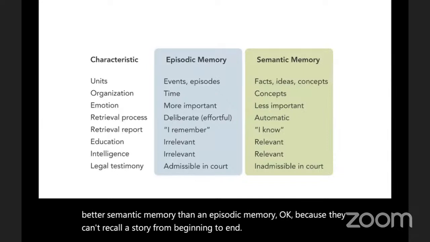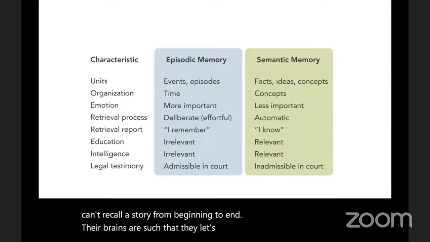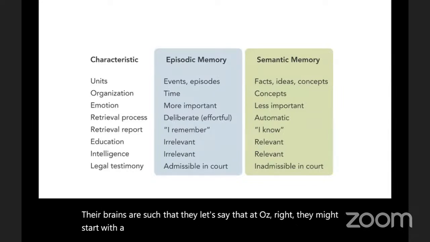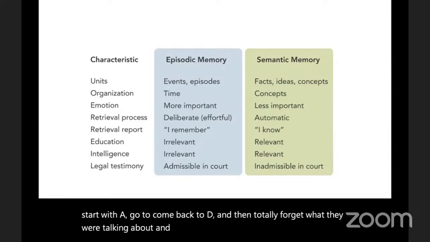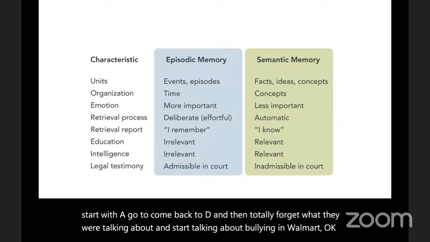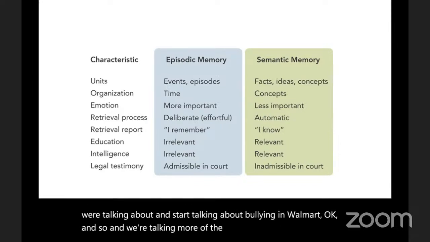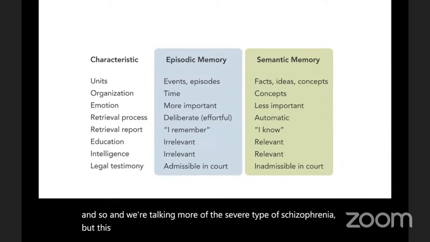They might start with A, go to F, come back to D, and then totally forget what they were talking about and start talking about Boeing and Walmart. We're talking about the more severe type of schizophrenia, but this is why they have better memory for concepts than for experience.